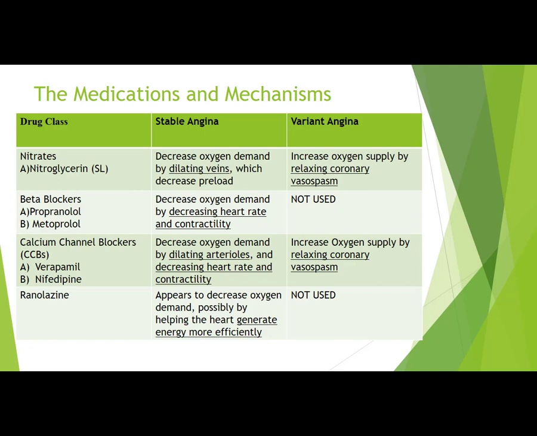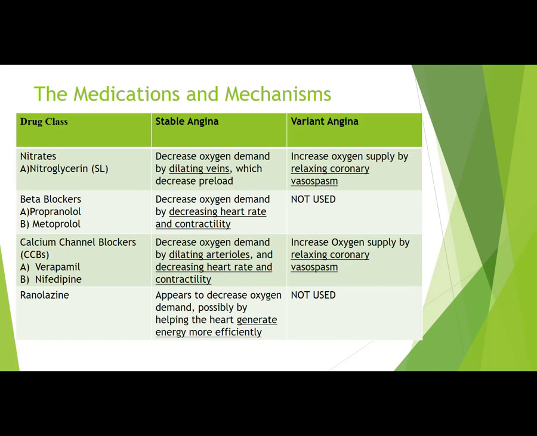I know this slide is a little busy, but we can think about the nitrates or nitroglycerin. In stable angina, the mechanism by which these nitrates work, and again, nitrates are venodilators, decreases the oxygen demand by dilating the veins, which decreases preload.